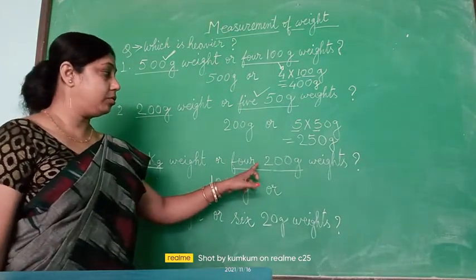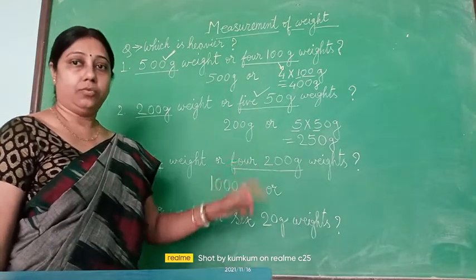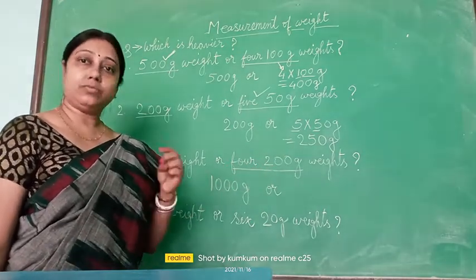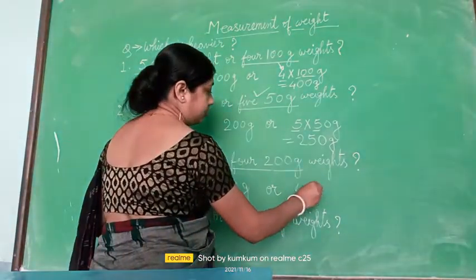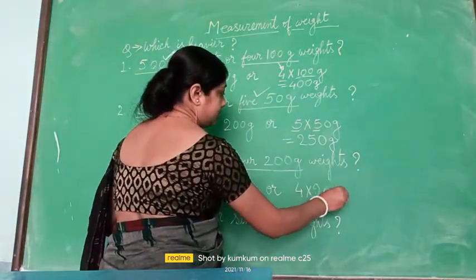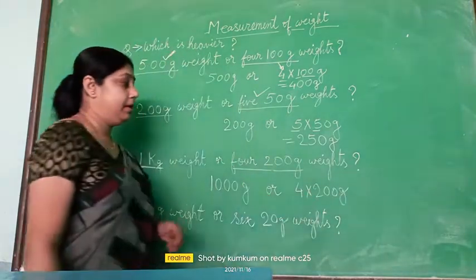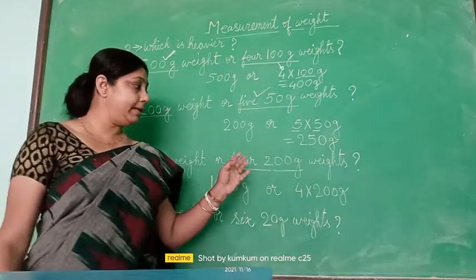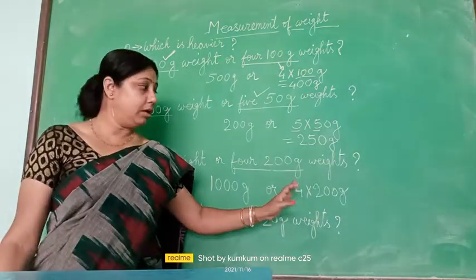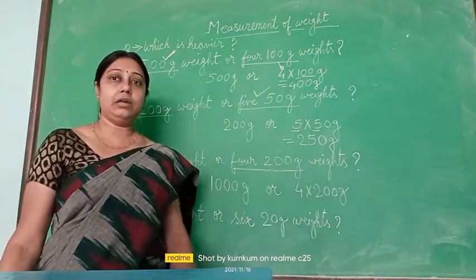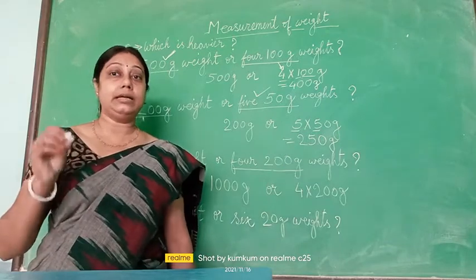Now 4 times 200. That means 4 into 200. So I will make it here 4 into 200 gram. Now see, you can multiply here also directly, or I am breaking it up to explain you. Now I will multiply only the digits.